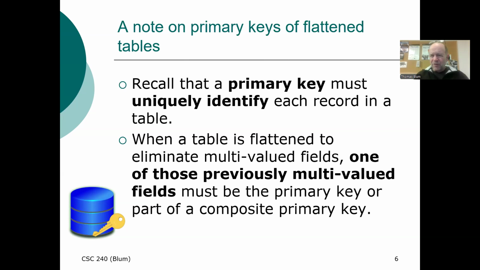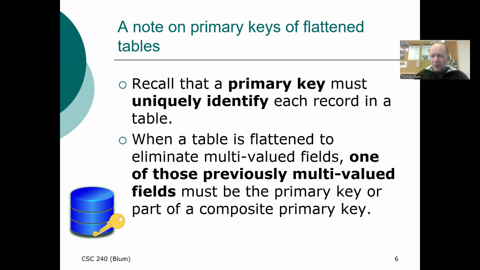You want it to be minimal: you want to be able to identify each row uniquely, but you only want as many fields as you need. You don't want extra fields in your primary key. That balancing act can get a little tricky sometimes.